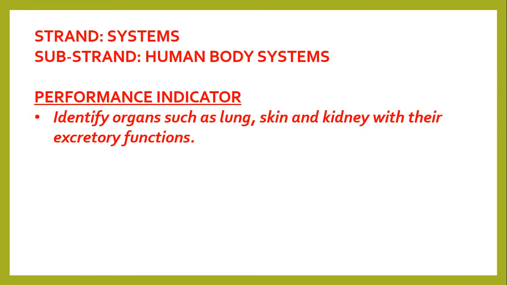Our focus was on the excretory system, and so we looked at keywords such as excretory system, excretory organ, excretory products, and of course, the organic compound formed as a result of protein metabolism called urea was also explained. The keyword metabolism was also explained as chemical reaction that occurs in living cells.